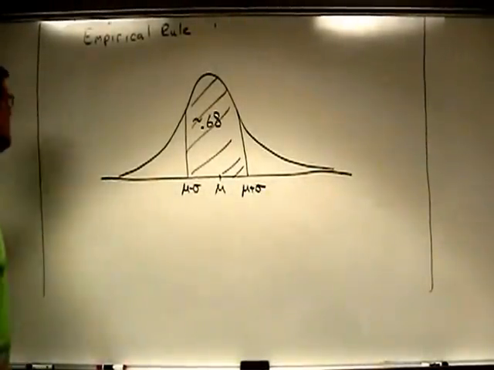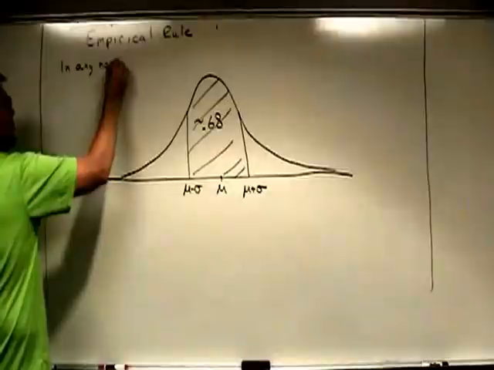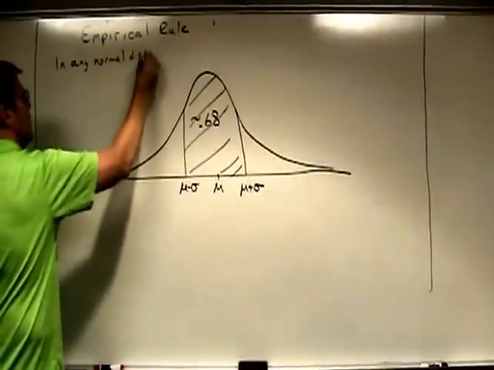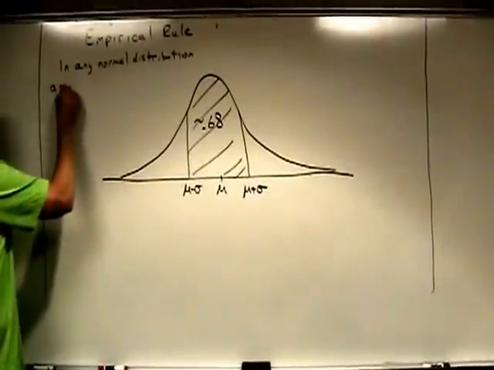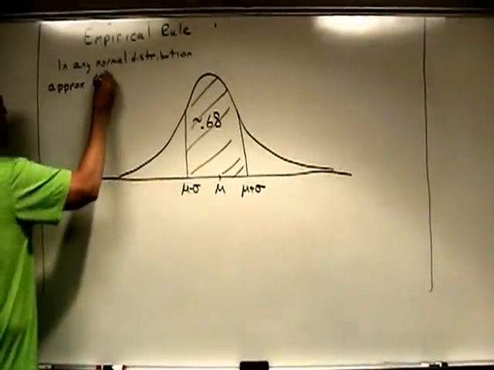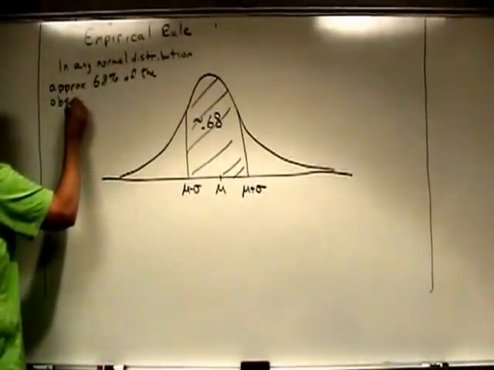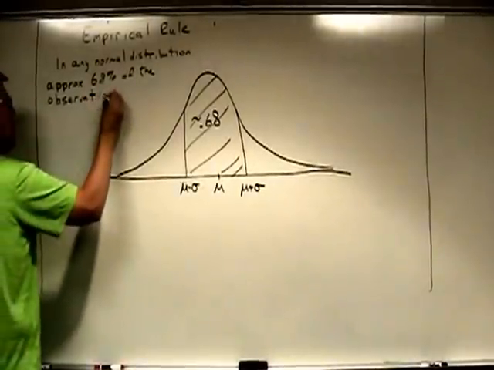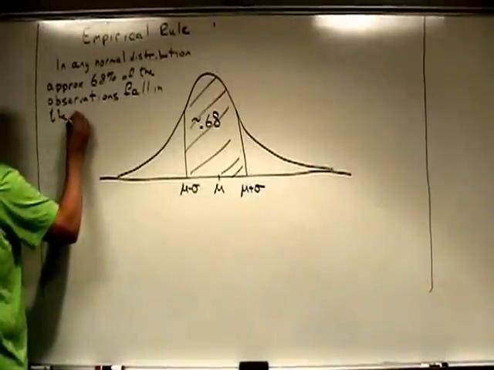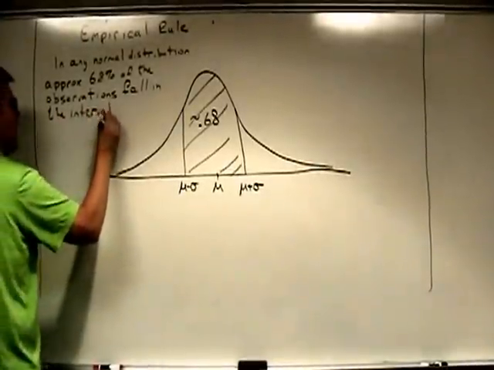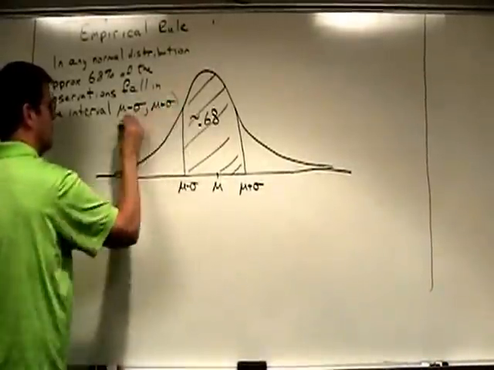So what that means is that in any normal distribution, approximately 68% of the observations fall in the interval mu minus sigma to mu plus sigma.